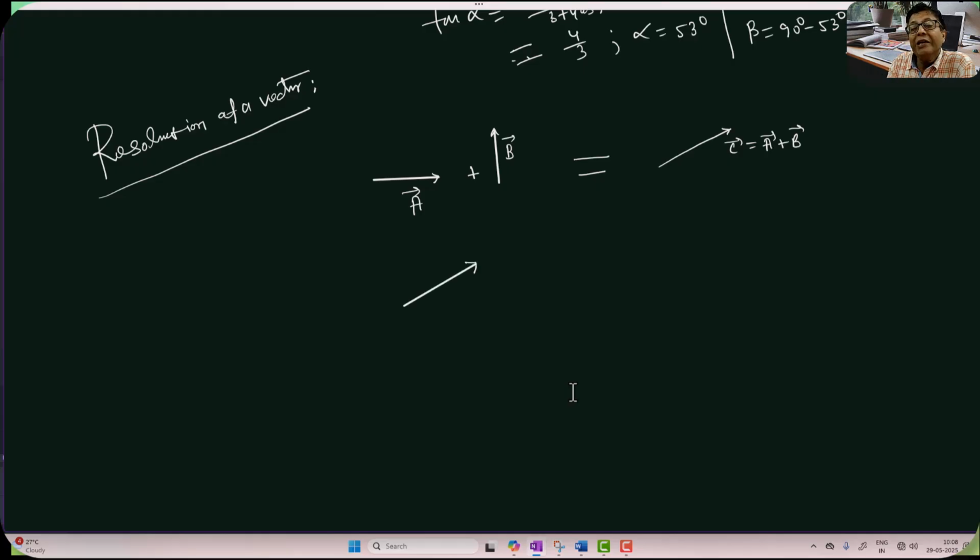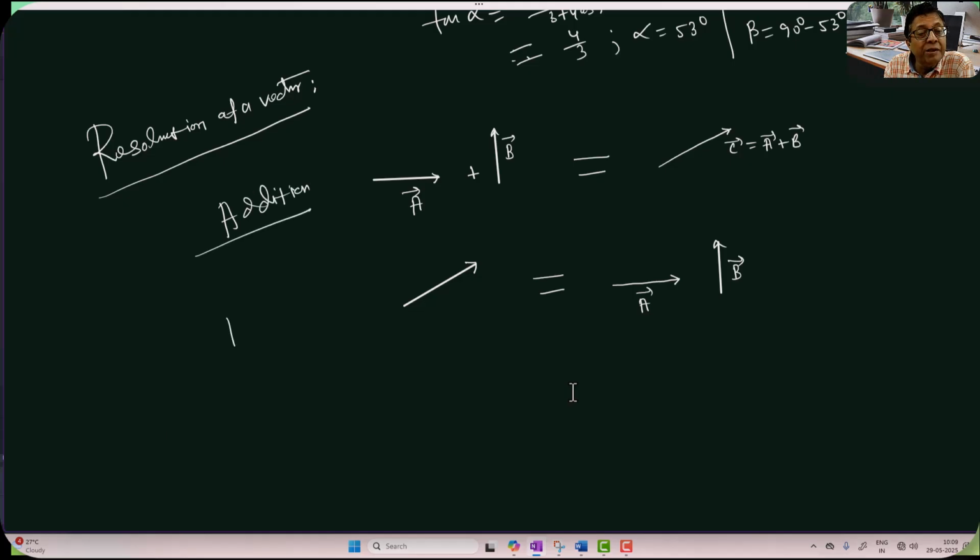Now if you want to get back two vectors from the vector C, then this is going to be A plus B, or you draw the vectors, vector A and vector B. Okay, so this method is called resolution of vector.